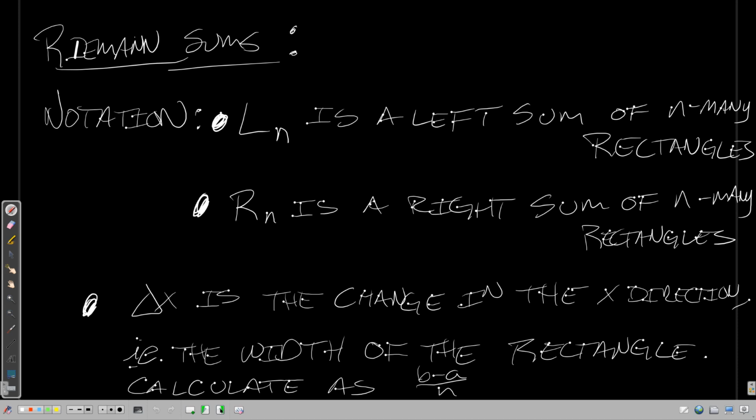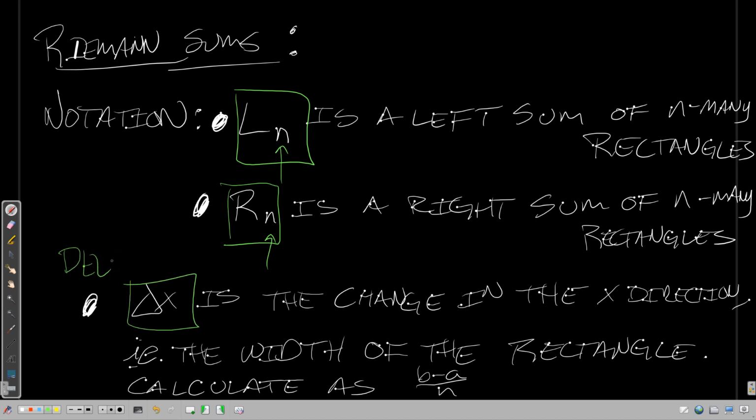Riemann sums. Keep in mind the notation. This means a left Riemann sum of n many rectangles. So right Riemann sum of n many rectangles. This is delta x. The triangle means change.